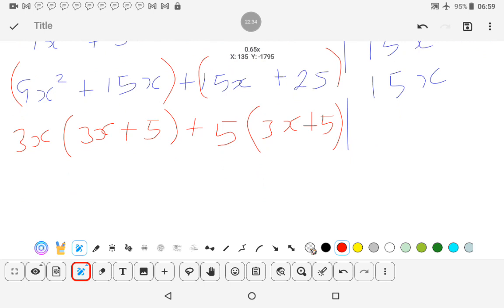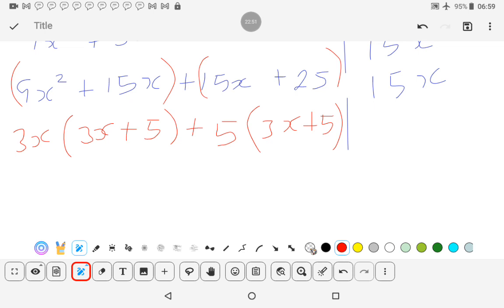Coming to this stage now, you look at the expression and see if the two brackets have common numbers. If the two brackets have common numbers, you take one and then you multiply with the numbers outside the bracket.